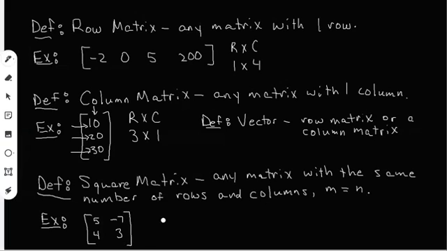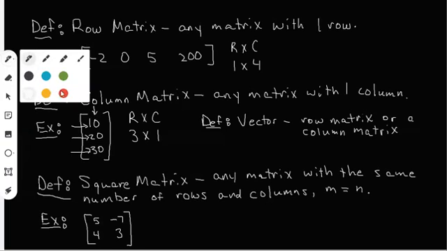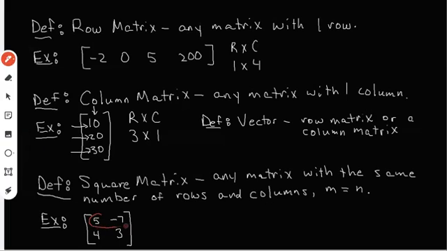So why is it a square matrix? Well, how many rows does it have? It has 2 rows, right? 5, -7, that's my first row. And 4, 3, that's going to be my second row. Okay, so it's got 2 rows.